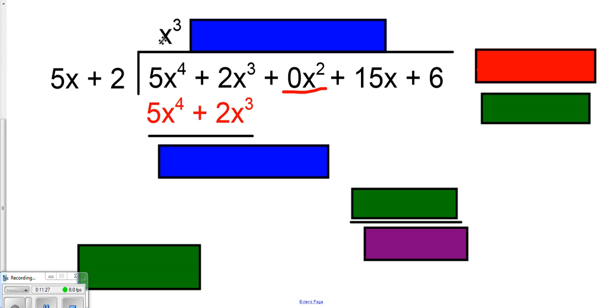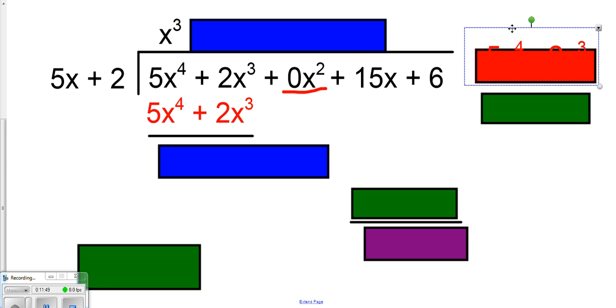I have to do this times both pieces to get this. I need to make sure this number up here times my first term will come out to this one exactly. Again, one of the reasons why we need this to come out exact is because we want these to cancel every single time. Now since I'm subtracting this red one, I need the opposite signs.